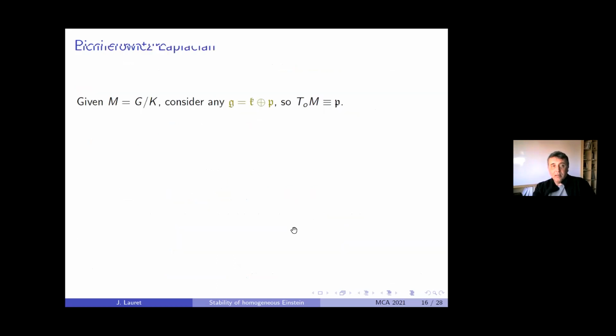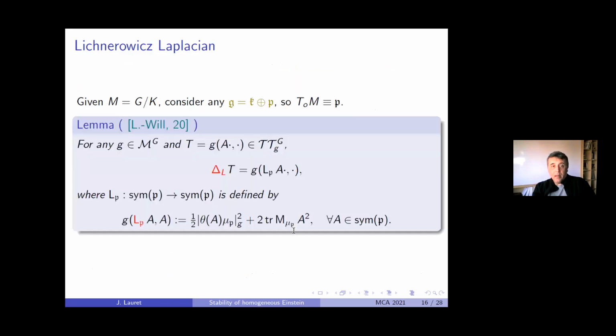And so what about the Lichnerowicz Laplacian, which is essentially the Hessian? We were able to prove a formula for the Lichnerowicz Laplacian, Delta_L, in terms of an operator L_p on Sym(p), the symmetric operators of p. L_p is defined also in terms of the representation theta, the usual representation of GL(p) on the space of all Lie brackets, and the moment map.